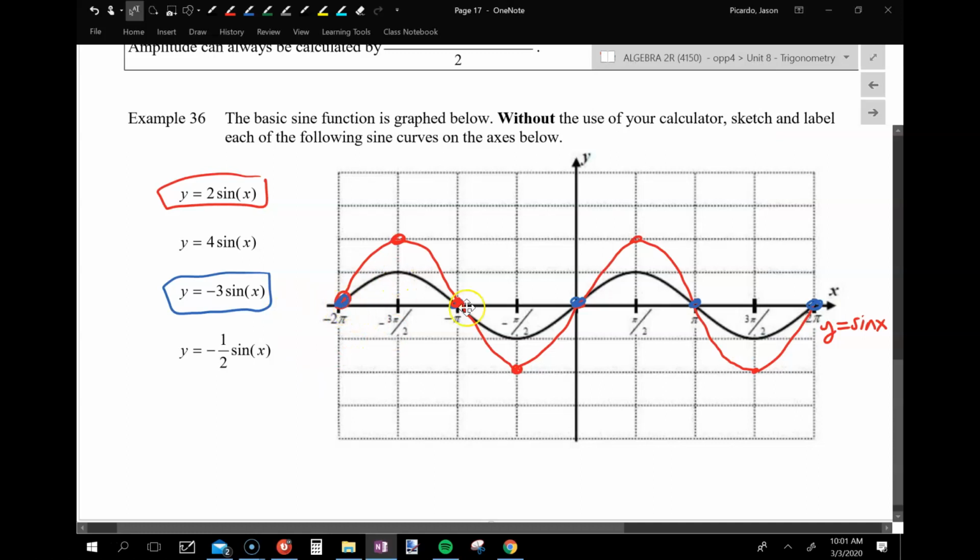Instead of going up, down, I'm going to go down, up. So this is going to go down to -3, back to here, up to -3, and back to the root. So do you notice how this is a reflection of the black curve that has been stretched 3 units? And that is my last cycle of it.